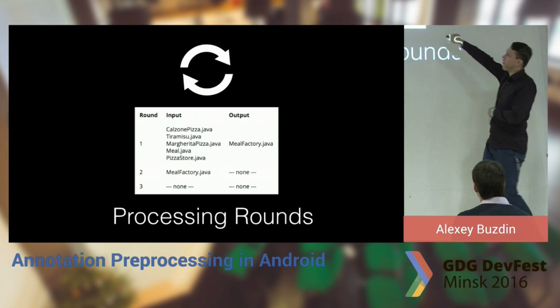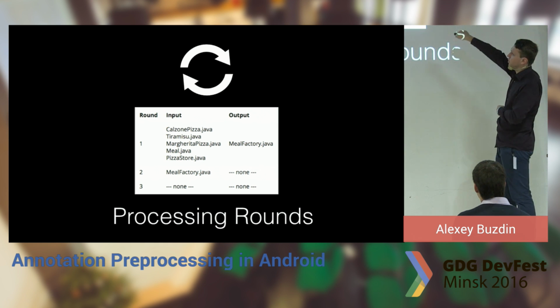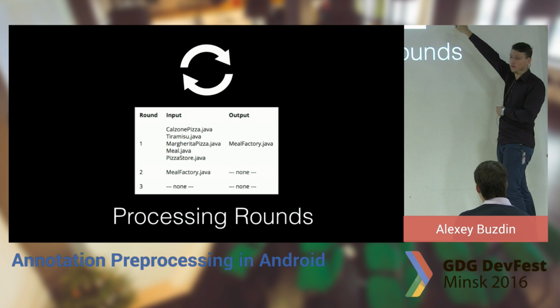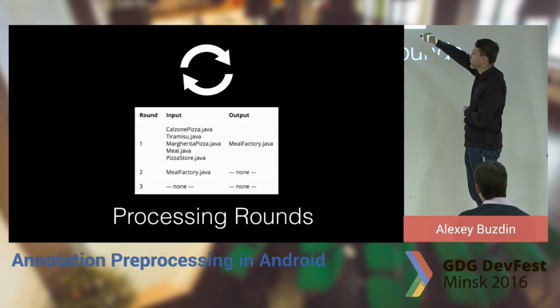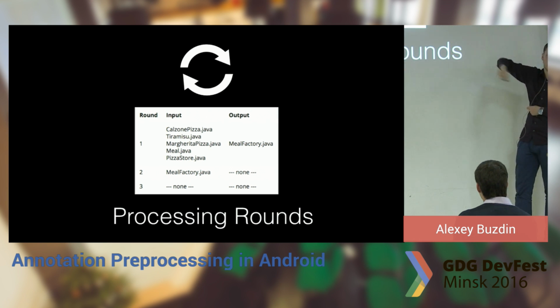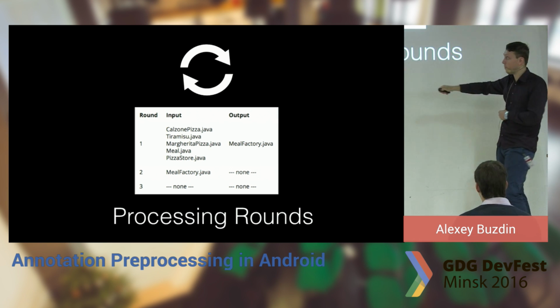So here, the first round would be, it would take all these items with factory annotations, create a meal factory. Then it will take meal factory, all the files that were generated during the output and not processed, and try to create something. It created nothing, so that's it. The source round is not running right now. Yeah?